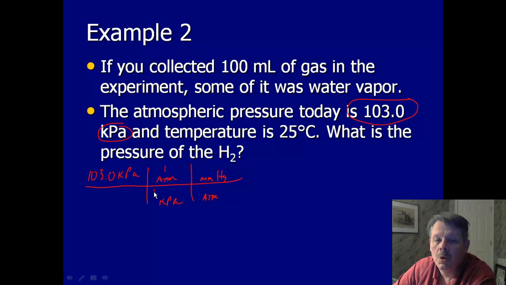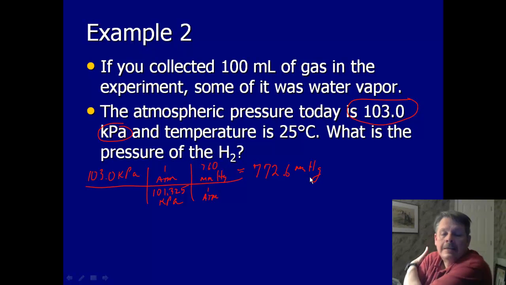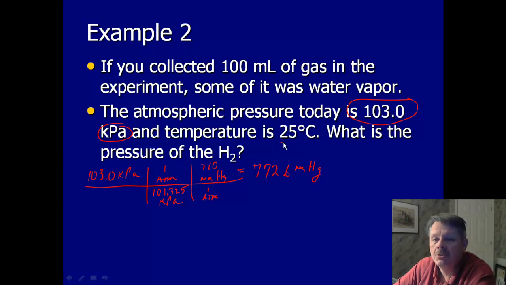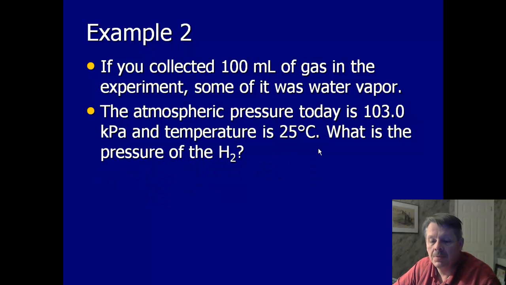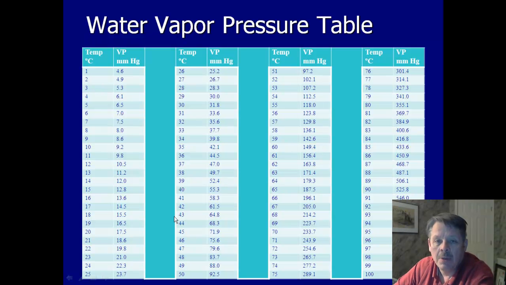Now we know that 1 atmosphere is 101.325 kilopascals, and 1 atmosphere is 760 millimeters of mercury. So when I do that math, I come up with a total of 772.6 millimeters of mercury. Well, I know that my temperature today is 25 degrees Celsius. So if I look at my vapor pressure table at 25 degrees Celsius, my pressure is 23.7 millimeters of mercury.